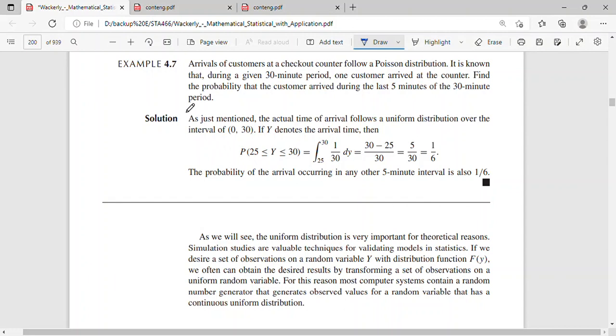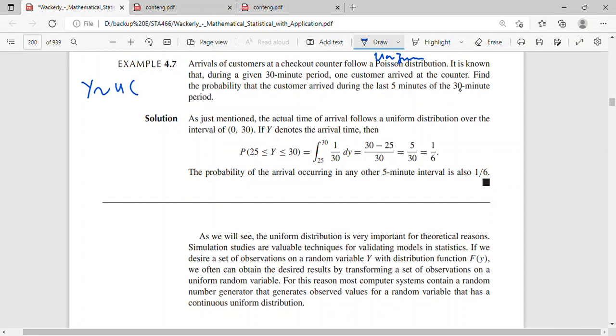Okay, let's see the example. Example 4.7. Arrival of customers at the checkout counter follows a uniform distribution. For example, it is known that during a given 30-minute period, one customer arrived at the counter. So here our variable is the number of customers arriving at the counter, and Y follows the uniform distribution.